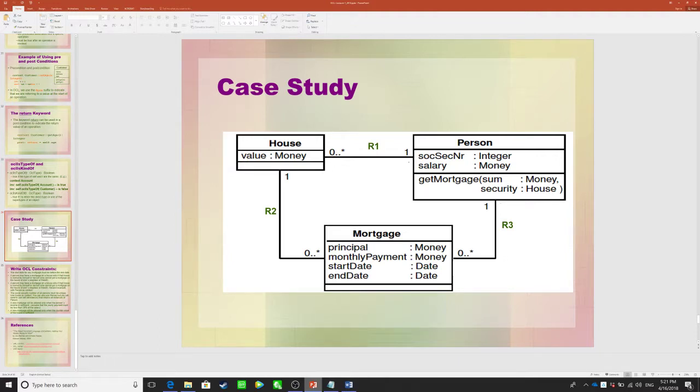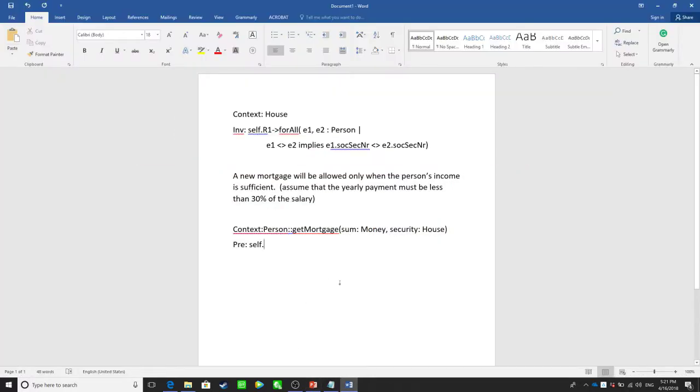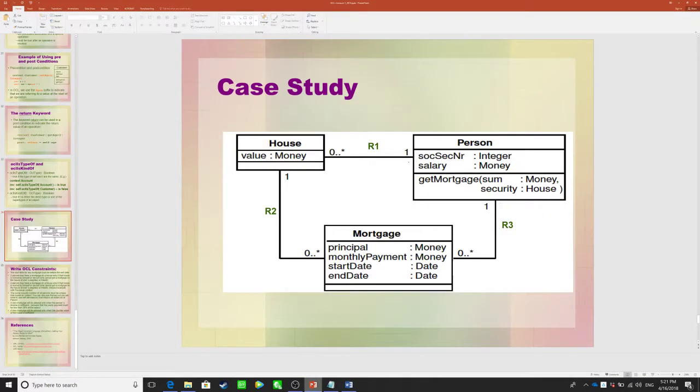R3. Self.R3, and we need to take into consideration, because when we say person's dot R3, they are actually a set, maybe a set of mortgage, right?